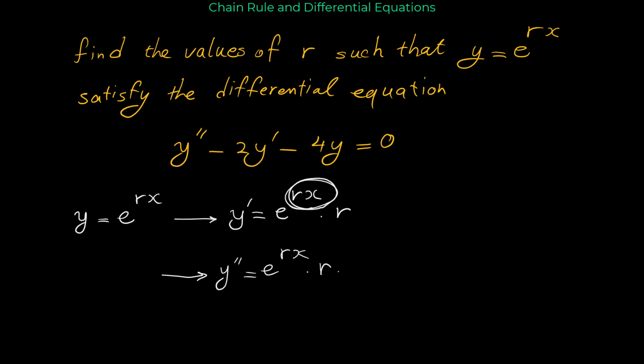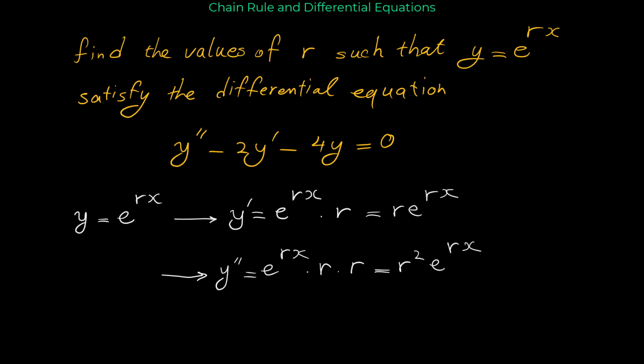And don't forget to multiply this by the r that we have here. So y double prime is e to the rx times r, which we can rewrite as r squared e to the rx.